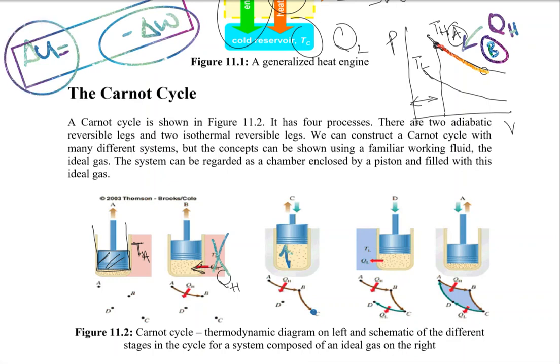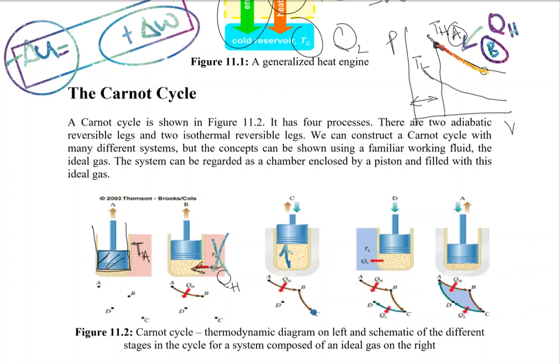If there is expansion, we have a positive work done, so the change in internal energy would be negative. A negative change in internal energy would mean the temperature would be decreasing.